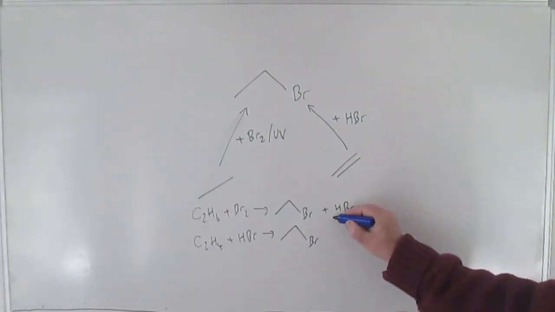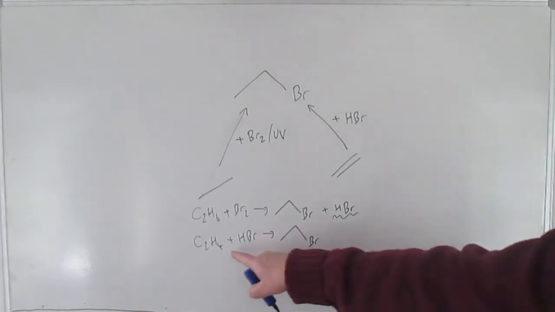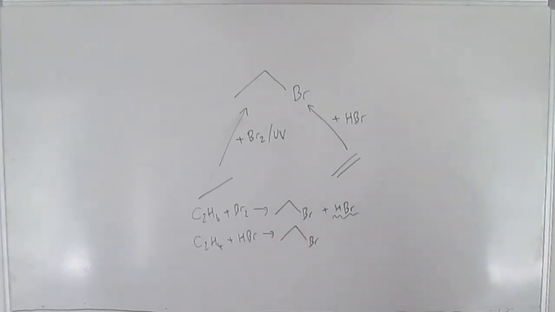And the point is that the HBr is likely to be a waste product. That's not a chemical that has a massive use in the everyday world. So the chances are that would be a waste product, whereas in this process there is no other product, so there is no waste product. And that's what atom economy tries to get to grips with.